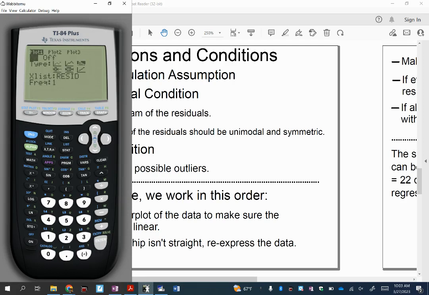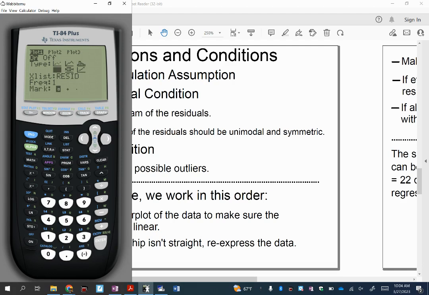The box plot has two options. You guys see the two options here? Choose the one that has the little dots. Do you see this one that has a few little dots after? That tells you that it will show you outliers. If you choose the one that doesn't have the little dots, the fifth one, it won't show you outliers. So choose the one that has the little dots.